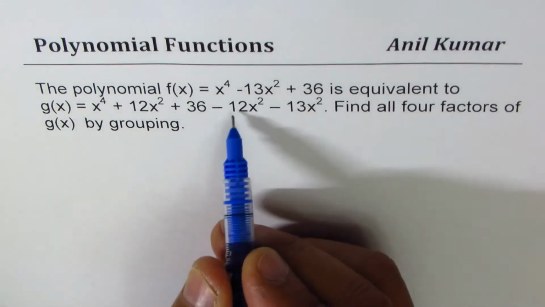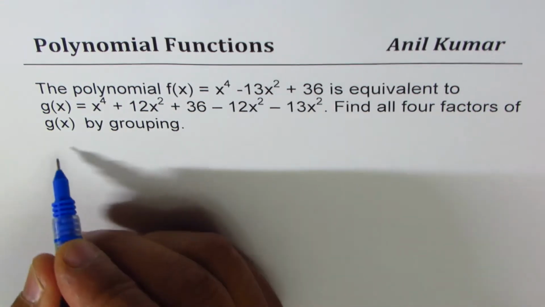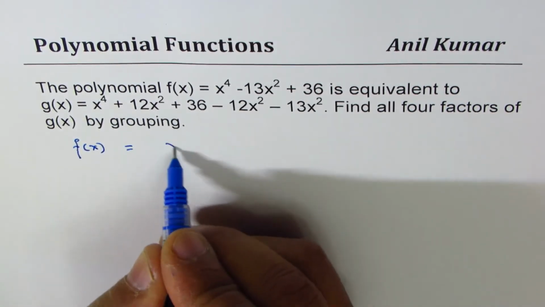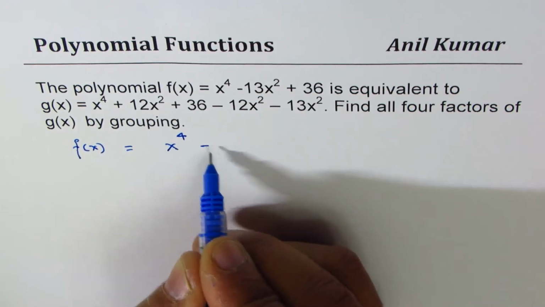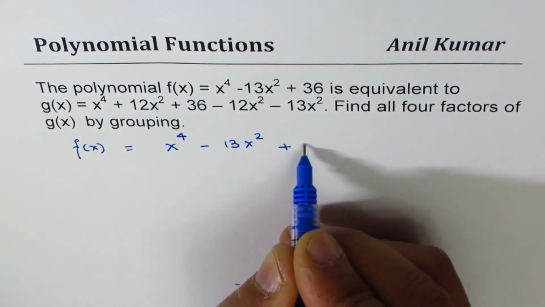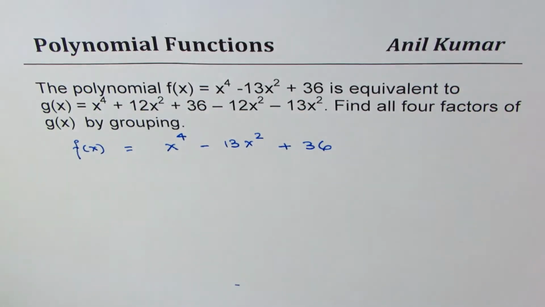Now let me first show you how these two are equivalent. So let's write f of x first. F of x is x to the power of 4 minus 13x squared plus 36, correct? And now I'll write g of x.